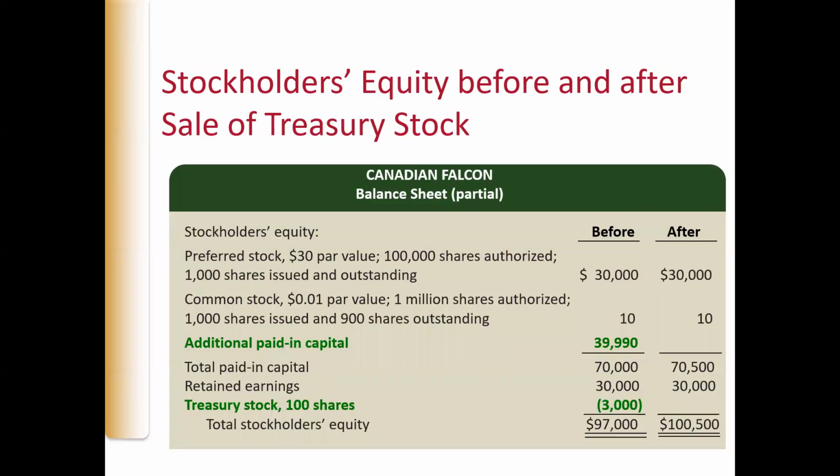Okay, so here, as you see, we had treasury stock that we reissued to the public. After we reissue it to the public for the 3,500, you see here our treasury stock zeroes out and our additional paid-in capital increased by $500.